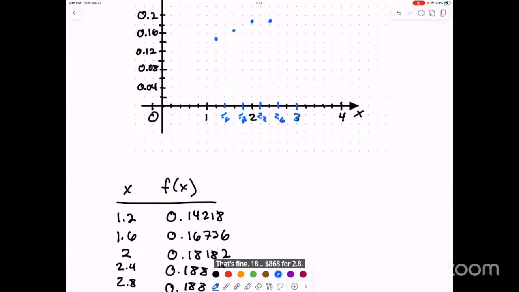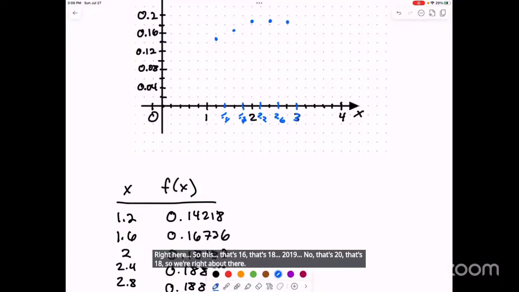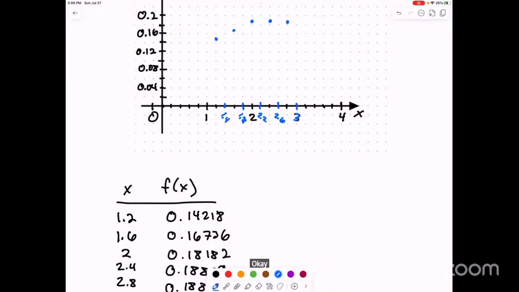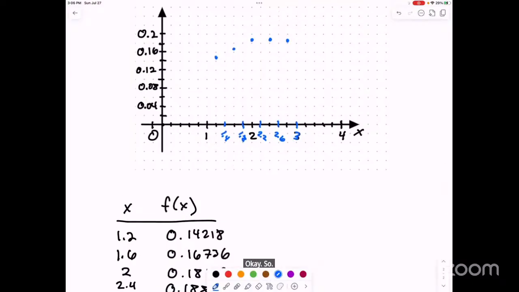Right here. That's 18, that's 19. No, that's 20, that's 18. So right about there. Okay. So again, now let's make our boxes.